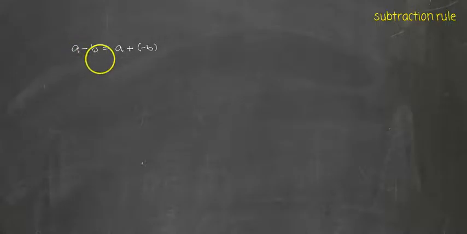So anytime we have a subtraction problem, we can switch it to an addition problem where we're adding the opposite of whatever the original subtracted number was. So an example would be 14 minus 8. But that's just the same thing as 14 add the opposite of 8.